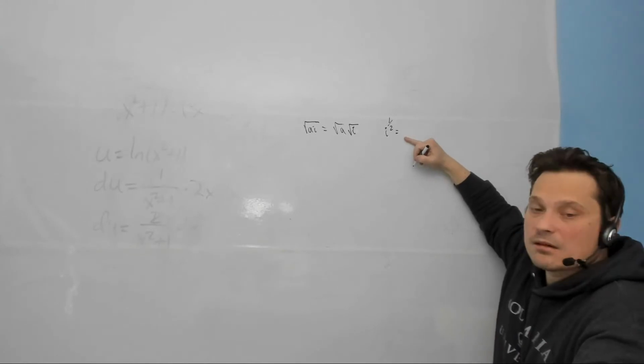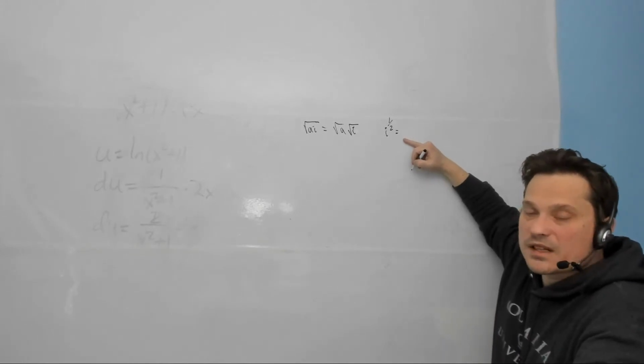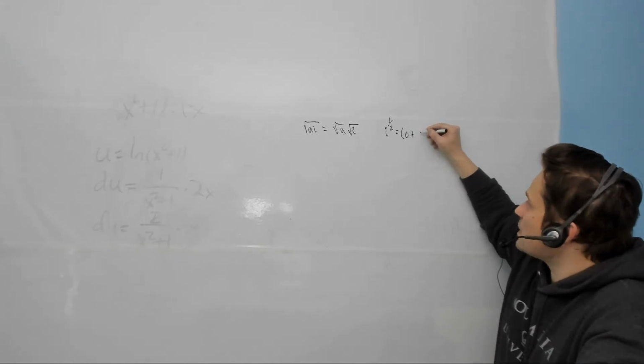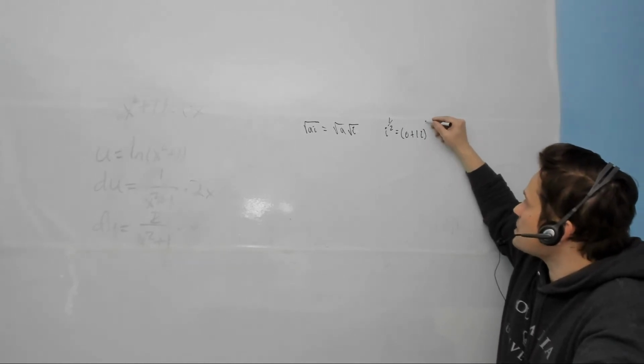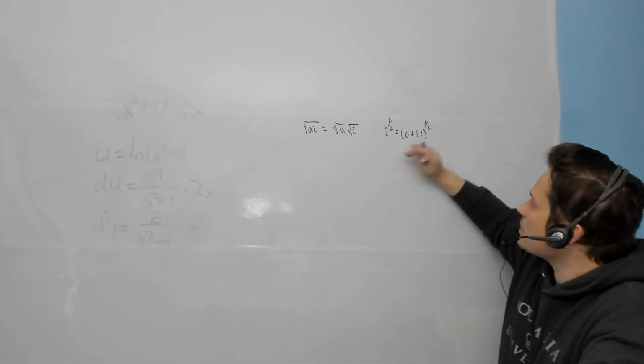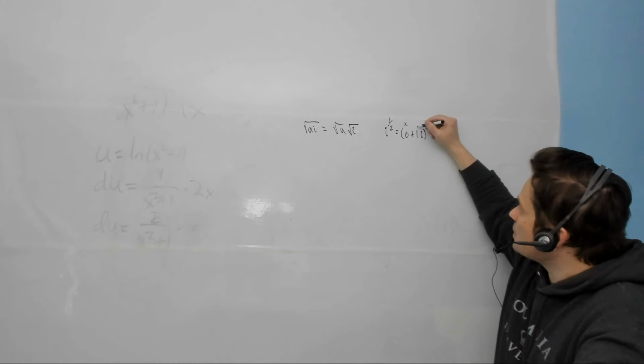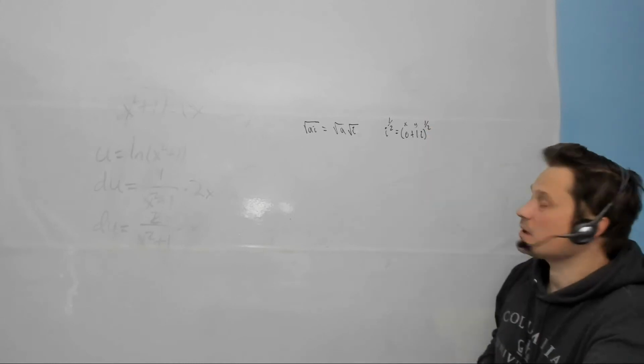And then after that, I want to make this look perhaps like a more conventional complex number. So for that reason, I'm going to put here 0 plus 1i, and the quantity is raised to the 1/2. Why am I doing this? Because this is essentially the x part of a complex number, and the 1 here is like the y part of a complex number.